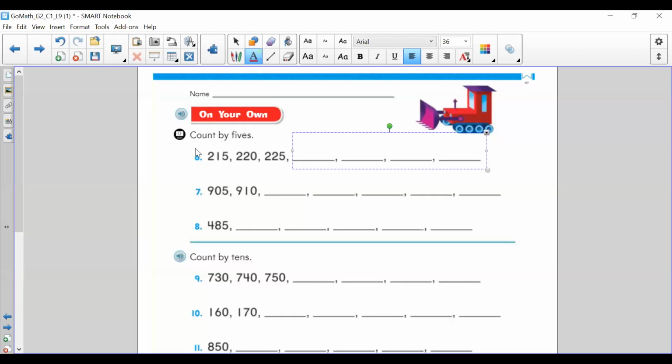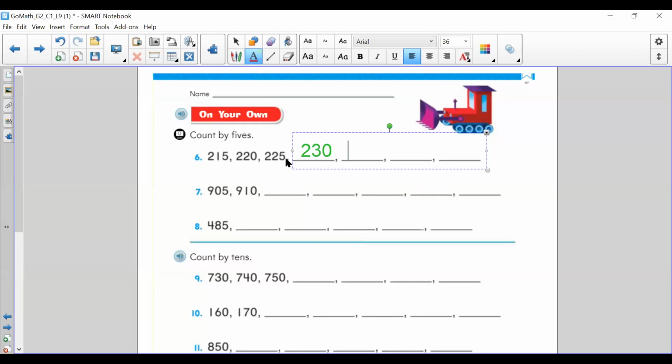Okay, so let's correct. We're counting by fives, so we can look at the last two numbers, the tens and the ones, 15, 20, 25, but we want to make sure that we get the 200 because that is first. So from 225, we do 230 because that's adding 5.